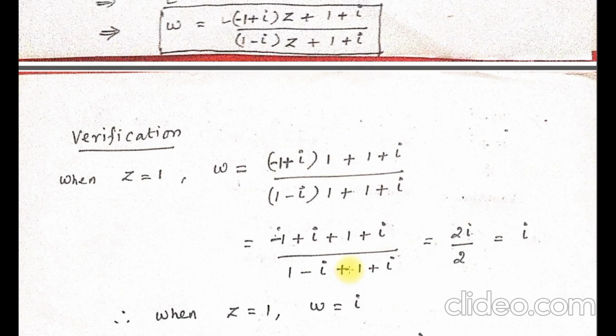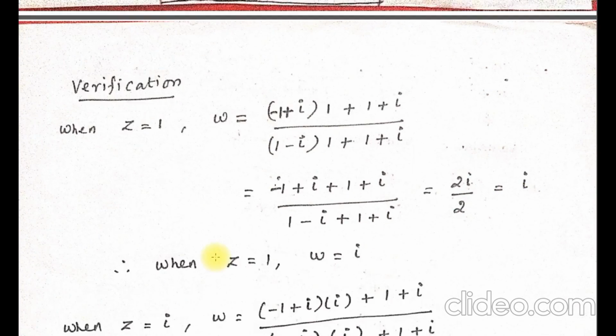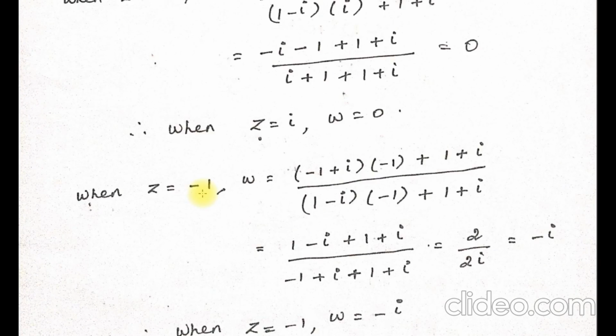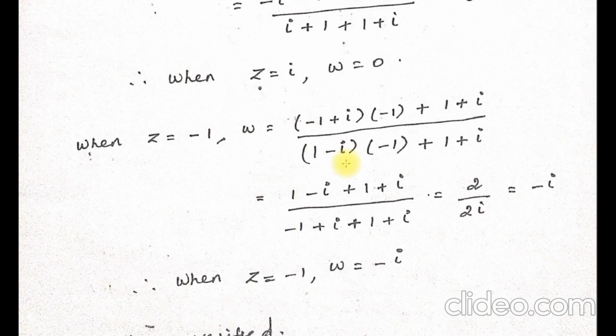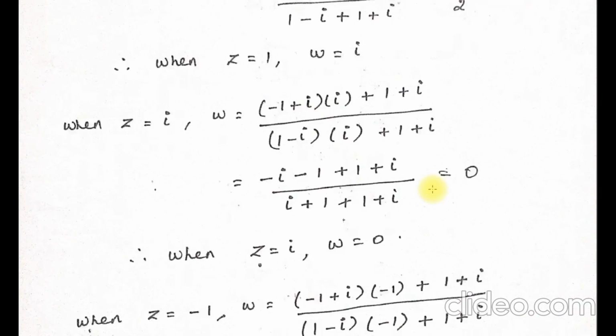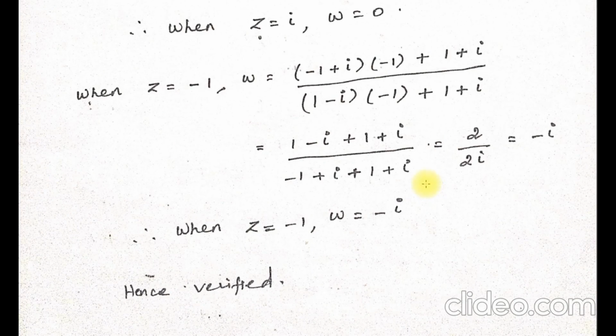On simplifying, just see the procedure; I am just multiplying and adding, very simple. So I am getting the value as i. Similarly, I substitute z equal to i and z equal to -1, and we get the results. So for all 3 points you have to verify. That is very important.